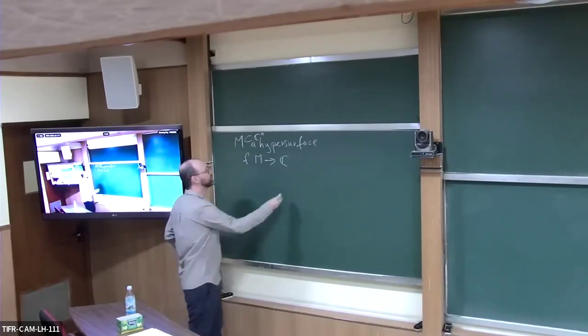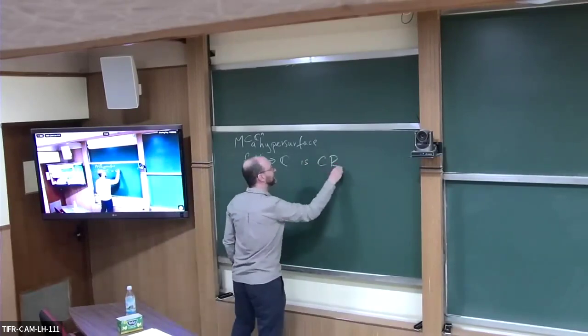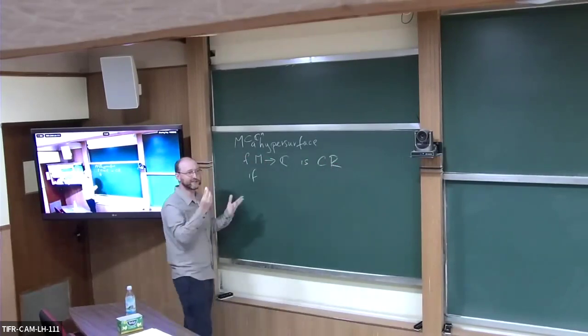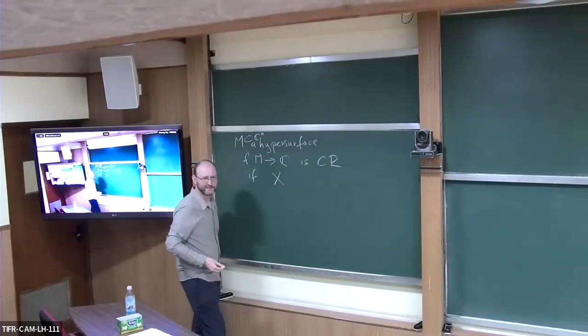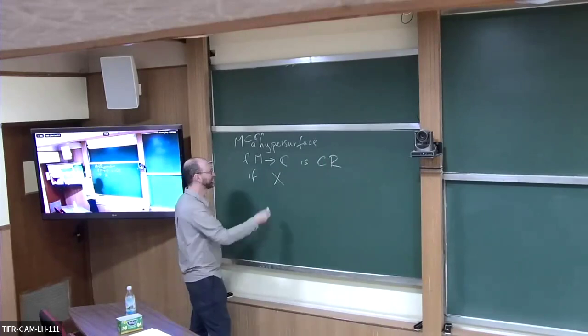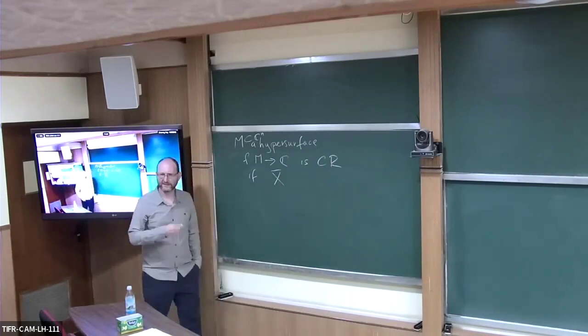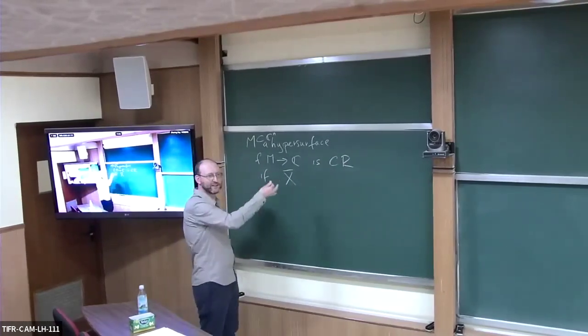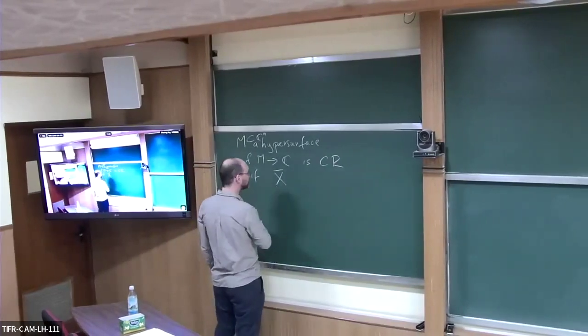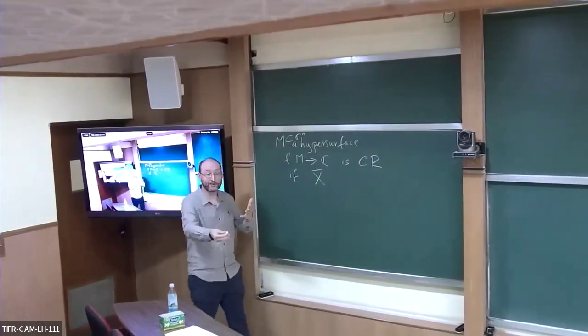A smooth function is CR, just like for a holomorphic function, if, writing the CR vector fields as X, then X bar are the 0,1 vector fields.